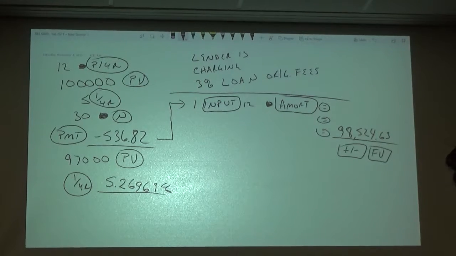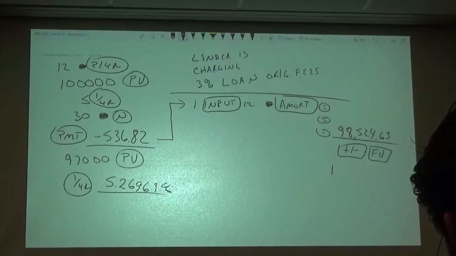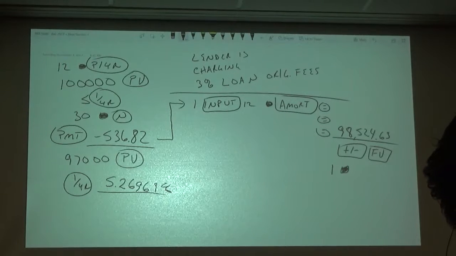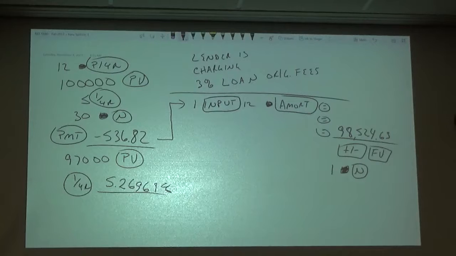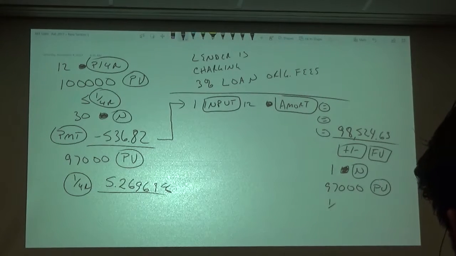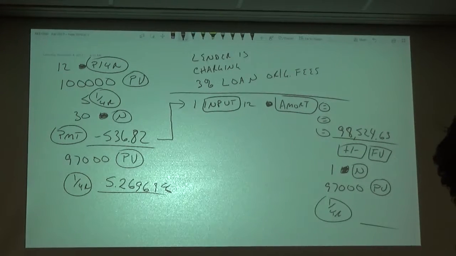Okay, does everybody follow? Then change my term to 1 year or 12 months, either way, 1 shift in or 12 in. Then put in the 97,000 as my present value, and then solve for the interest rate.